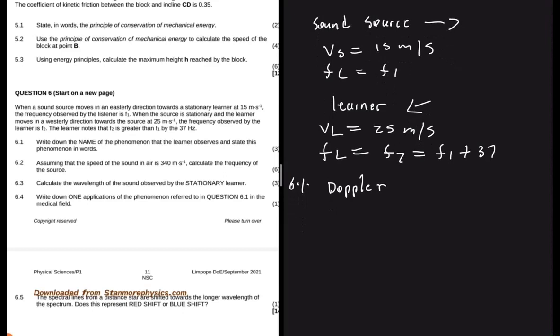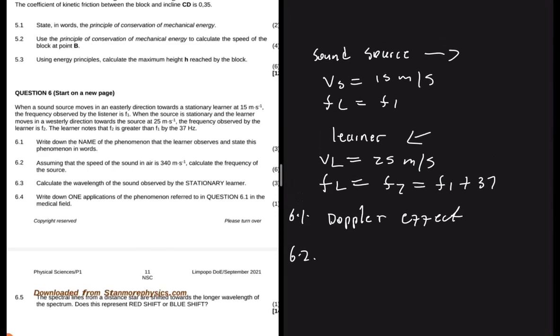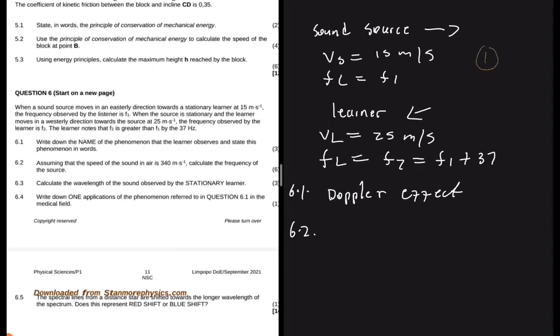And then 6.2 says, assuming that the speed of the sound in air is 340 meters per second, calculate the frequency of the source. So let's start with our scenario 1, where the sound source is moving towards the listener with a velocity of 15 meters per second.